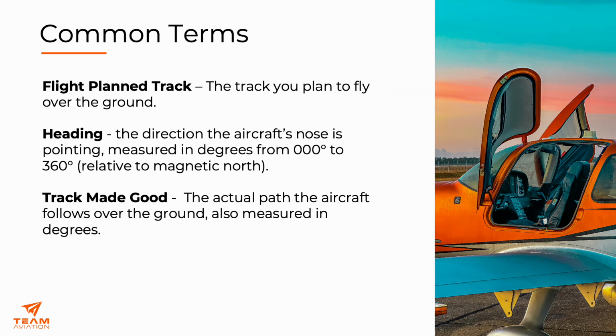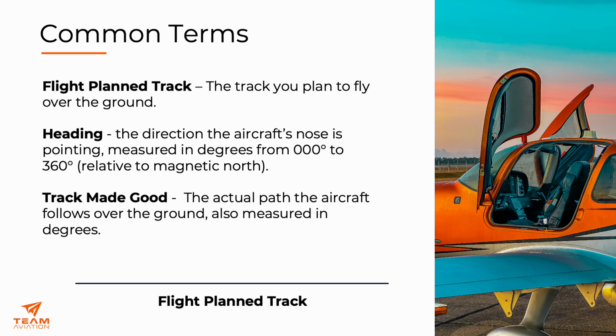When navigating in the air, pilots need to understand the difference between their planned route, their actual flight path, and where the aircraft is pointing. These key terms help explain the difference. Flight plan track is the intended path you plan to fly over the ground, measured in degrees.